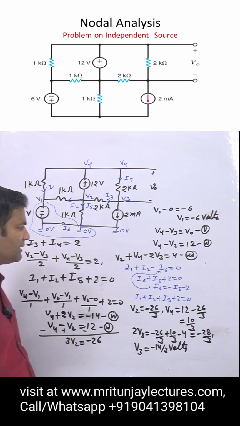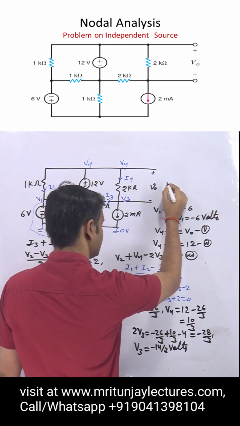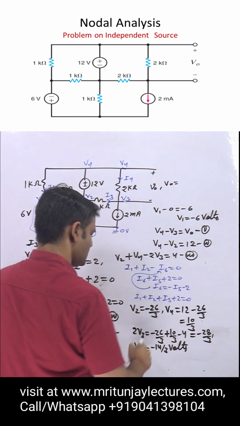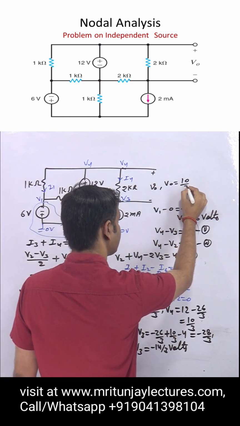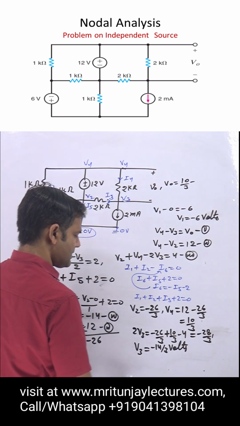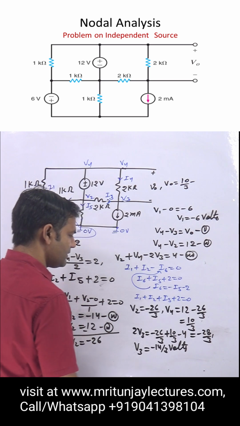Now if this value is put here, V0 is written as V4 minus V3. V4 is 10 by 3. V3 is minus 14 by 3.